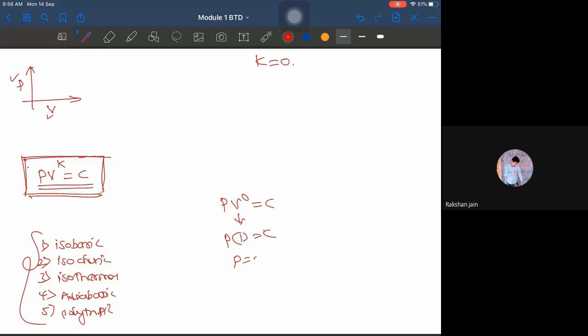So which is that process where the pressure is constant? Isobaric. That's great. So for the isobaric process, the pressure is constant. That's why the value of k is equal to 0. Then it looks on the PV diagram as such.